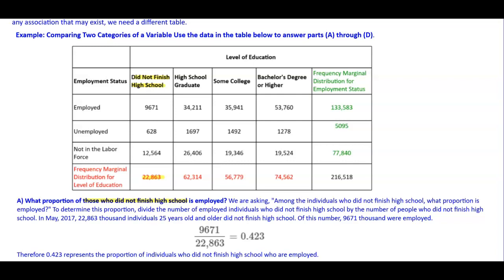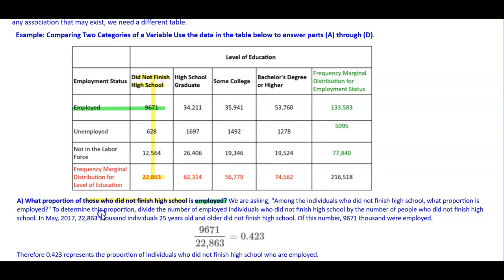We also want the employed row, which represents the amount that's employed. So we are asking, among the individuals who did not finish high school, what proportion is employed?